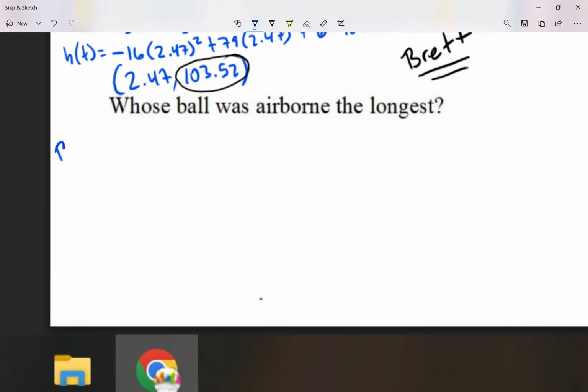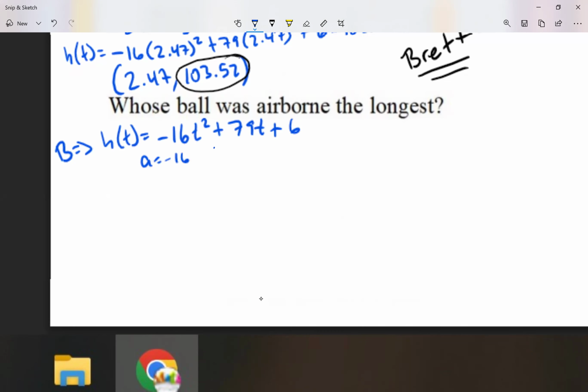Remember, we have a formula, h of t equals negative 16t squared plus 79t plus 6. I know my A value is negative 16, my B value is 79, and my C value is 6.